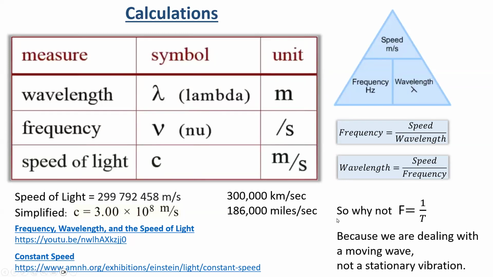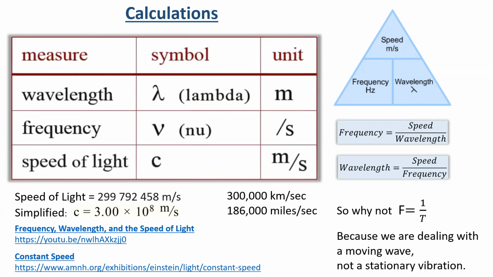Now, sometimes you're going to refer to this formula, frequency equals 1 over period. But when I show you those tables of frequencies versus the wavelengths, if you blink, you're going to miss it.